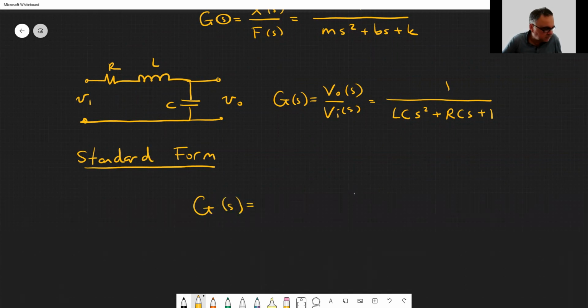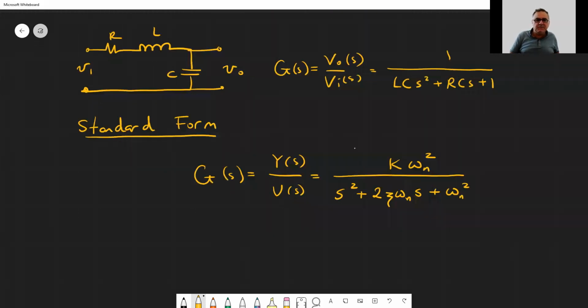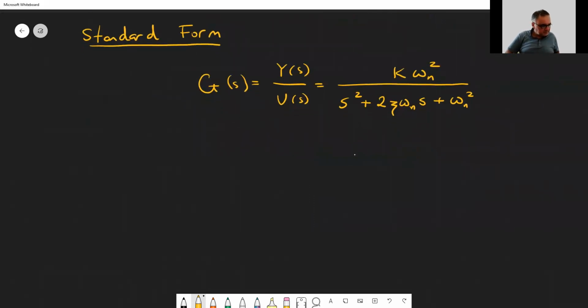The G of S, which is the output over input, is K times omega n squared over s squared plus 2 zeta omega n s plus omega n squared. K is again the steady state gain, and omega n is the natural frequency. Okay. So we have three parameters here, as we see.